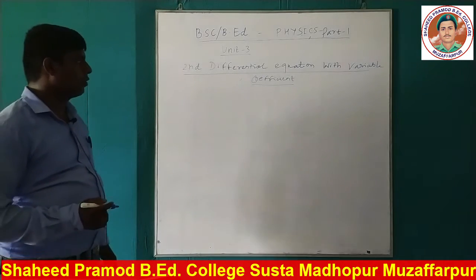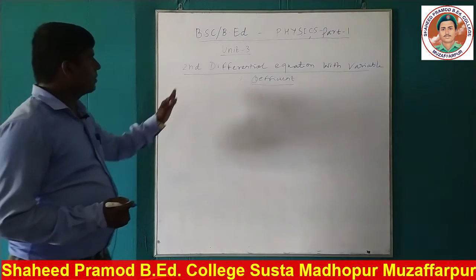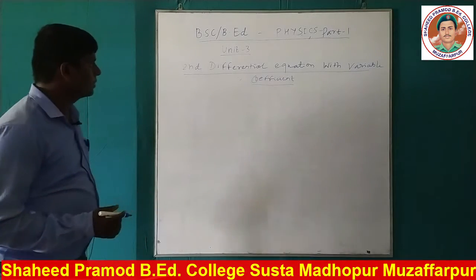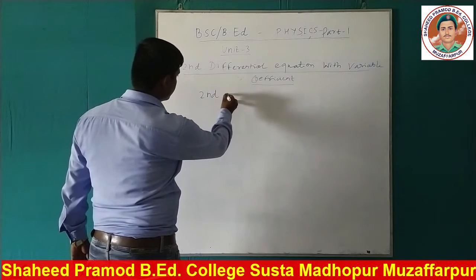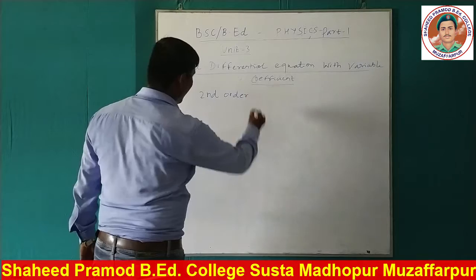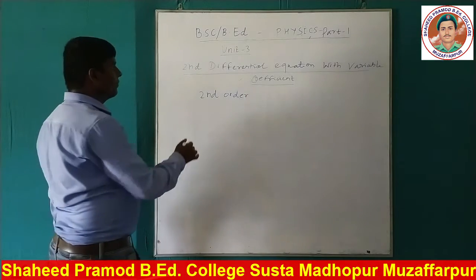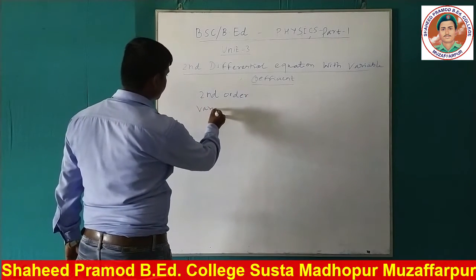So first of all, you will have to know what is second order differential equation with variable coefficient. As the name suggests, it is a differential equation of second order having variable coefficients.